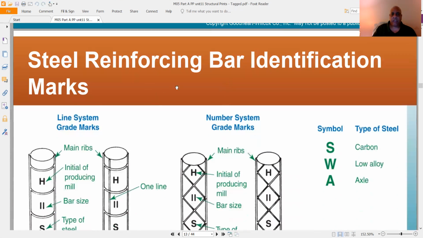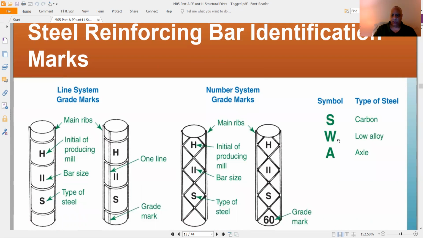Now you also have steel reinforcing bar identification marks. You have the type of steel: carbon, low alloy, and axle. So looking at your rebar, you got your ribs, you got the initial of your producing mill, you got your bar size, you got your type of steel. So we're looking at a bar size of 11.